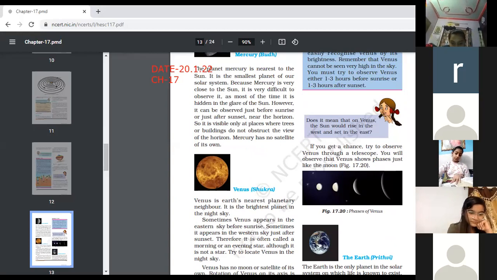That place is known as the horizon. Suppose you are standing near a sea shore and look far away, it seems that the sky and the earth or land are meeting. If you look from far away, it appears that the sky and earth are meeting, but when we go closer, that does not happen. So that is known as the horizon. Okay.